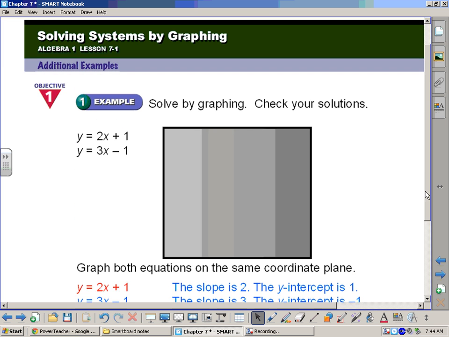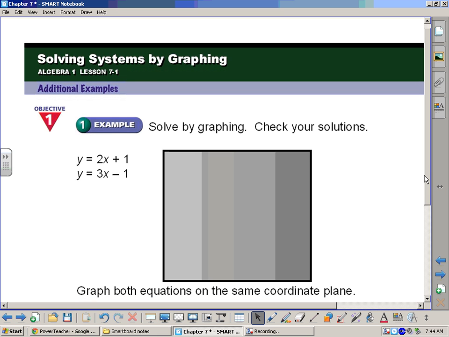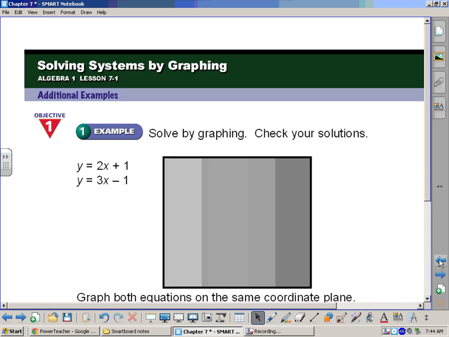So what we're going to do is solve this system of equations by graphing. We have two equations, y equals 2x plus 1 and y equals 3x minus 1. So I'm going to flip to the next screen and graph it. Actually, let me just go ahead and use this one.